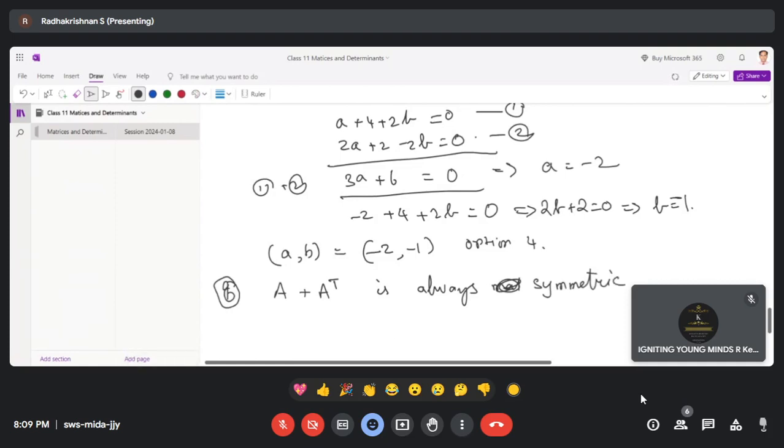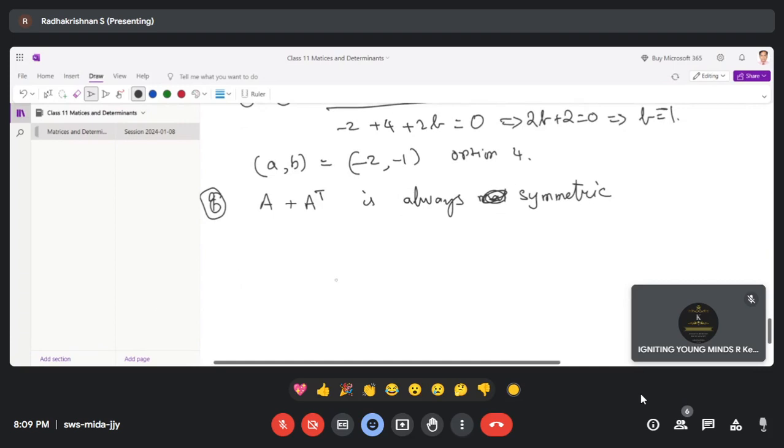I'm talking about symmetricity, but symmetric means if there is a matrix, so what is the condition for this matrix, what I have written, to be symmetric? Can anybody tell?